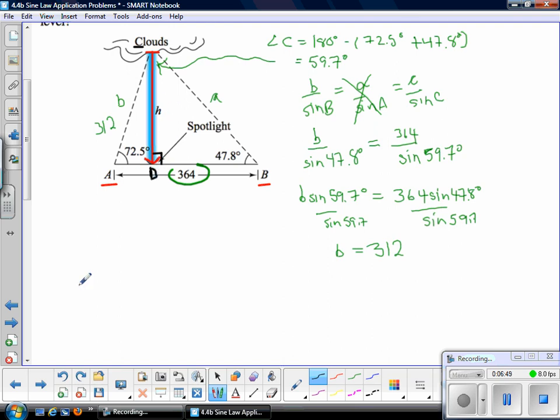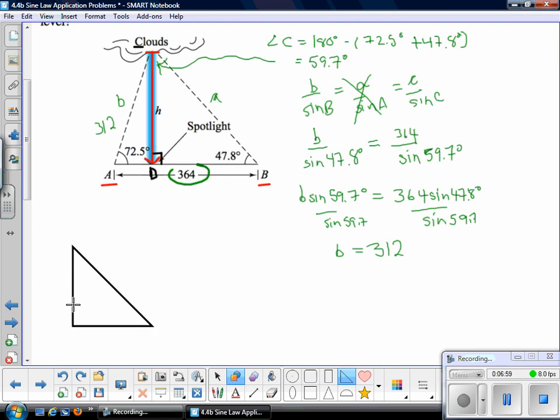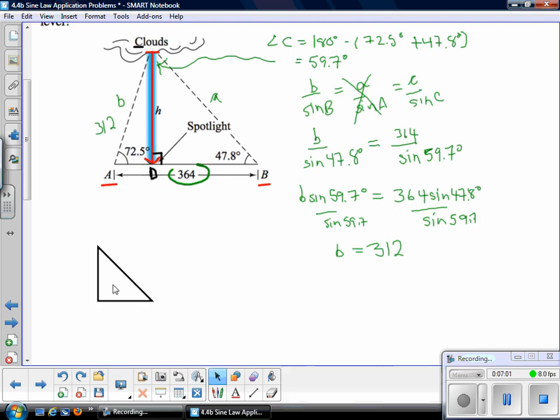Now, sometimes what I do as well is I redraw the triangle because after a while it gets pretty messy and it's harder for my brain to see what's going on. So I'm going to draw one, and obviously I have to flip it because it doesn't look the same. It's close enough for what we need.